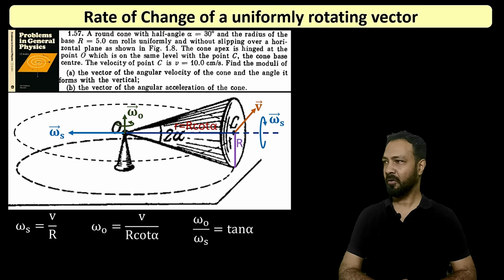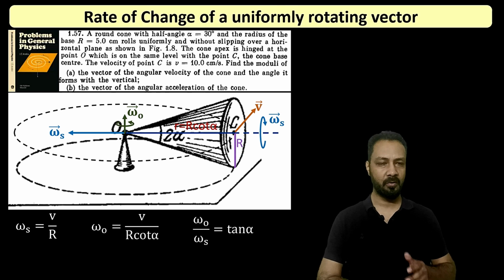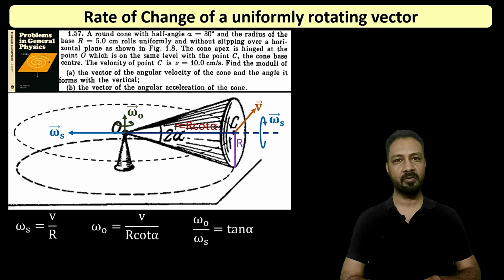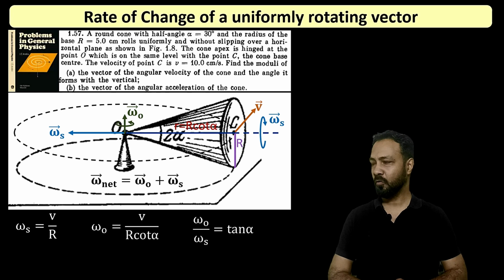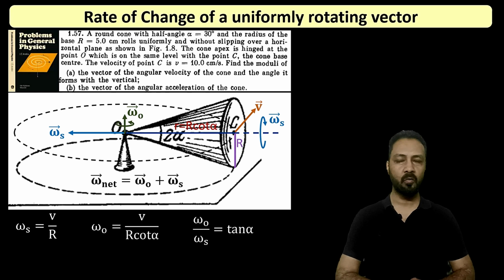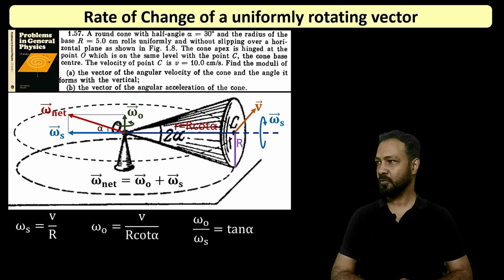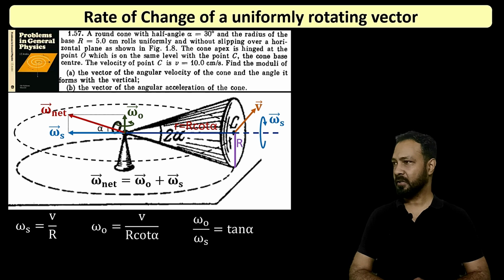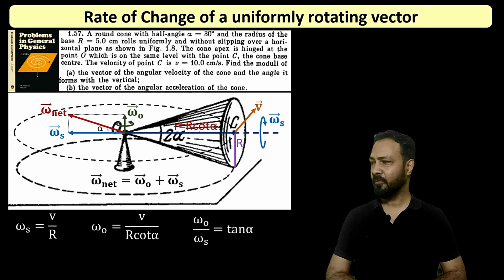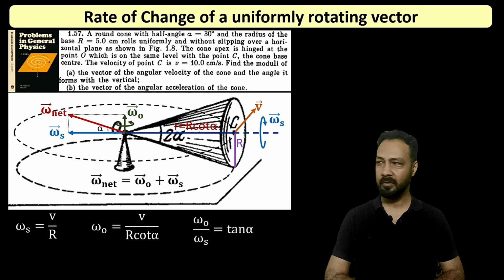And the resultant of omega O and omega S is omega net, because angular velocity is a vector, so the resultant is the sum of all the rotations, the rates of change of rotations. So omega net is equal to omega O vector plus omega S vector. So I have drawn the omega net vector. And in the diagram also, you see that tan alpha is equal to omega O by omega S, that is what I have written.